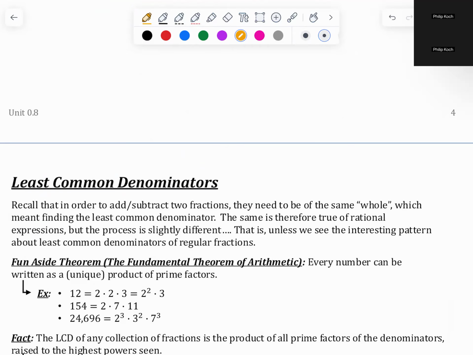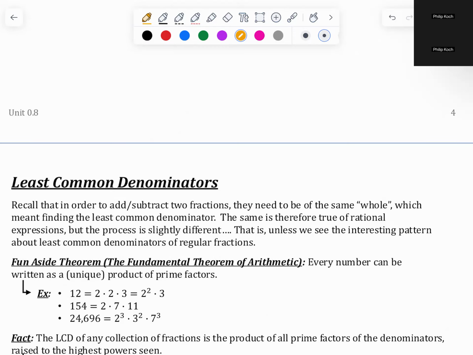Where it wasn't too terrible to do that with numbers by just looking at multiples, it is much harder to do that with rational expressions because there are many ways to find multiples of polynomials, because you can multiply by x, you can multiply by 1, you can multiply by x minus 6. How do you figure out the common denominator?